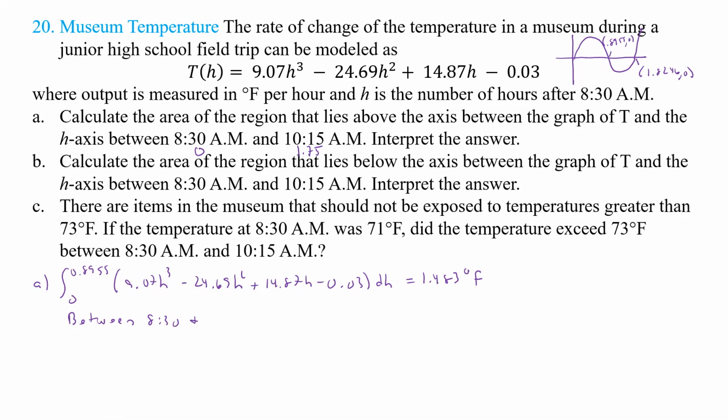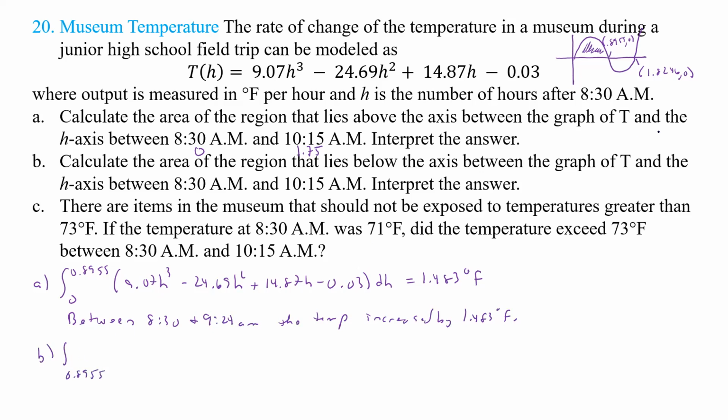So 9:24 a.m. The temperature increased by 1.483 degrees Fahrenheit. So that's our interpretation, because it went up, and so that area of this is 1.483 degrees Fahrenheit.